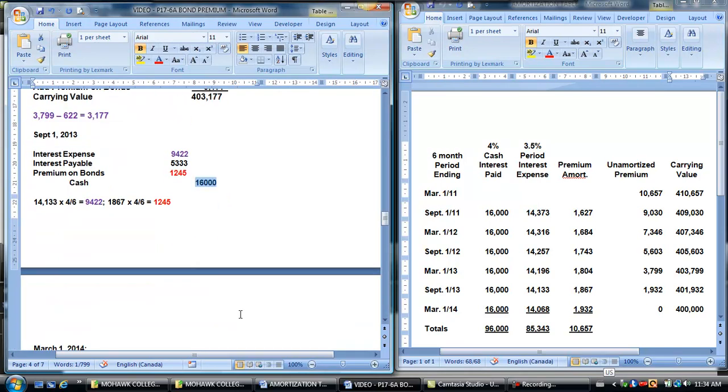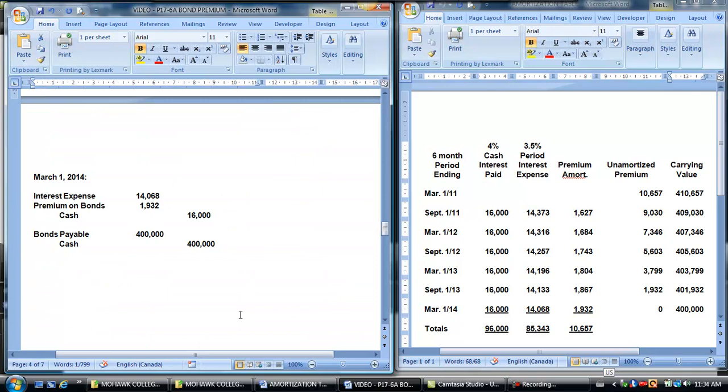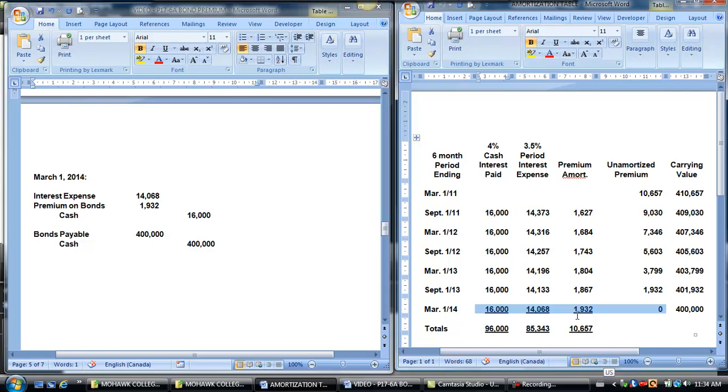So now here we are into 2014, and again, March the 1st of 2014, in between September 1st and March the 1st, April doesn't fall there. So now all we have to do is go straight to the table and we can pick off the amounts that we need for our entry. So we're going to debit our interest expense by 14,068.